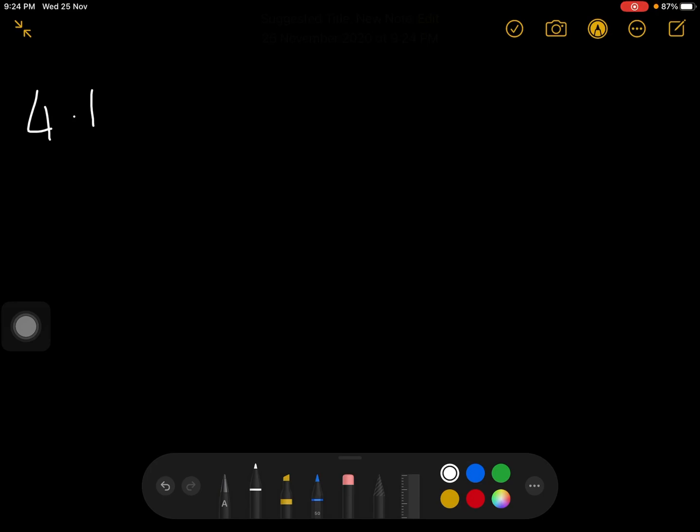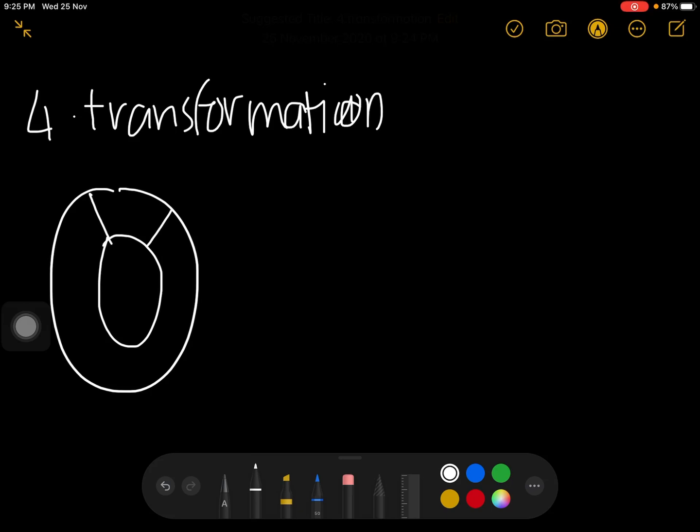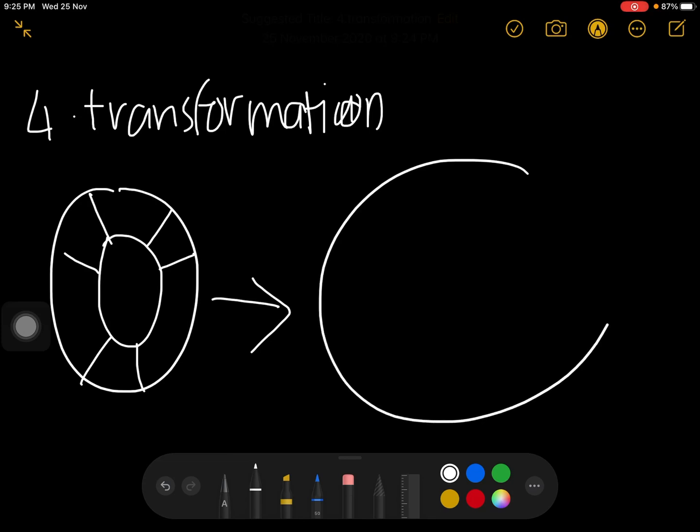Number 4 is transformation. This is done by returning the plasmid into the host cell, and the common host cell of bacteria used is E. coli. So this is the recombinant DNA that we made earlier. It will get into a host.